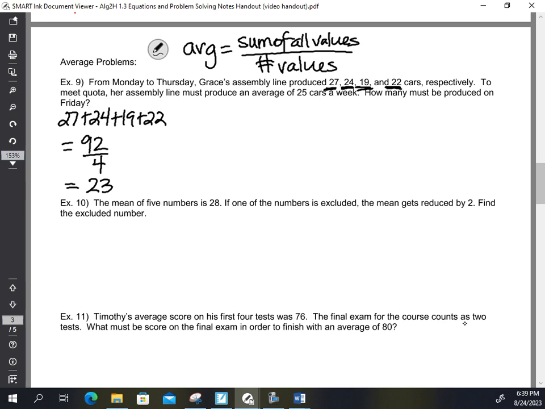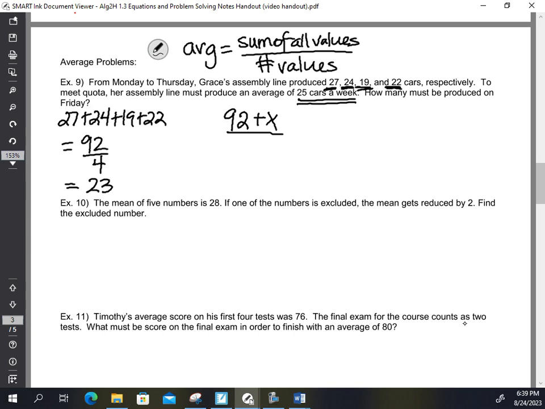Keep that part in mind. To meet quota, her assembly line must produce an average of 25 cars per week. How many must be produced on Friday? So 92 represents the number of cars made in 4 days. We need a fifth day, so we add a fifth day's work, but we don't know how many cars were made that day, so that's x.